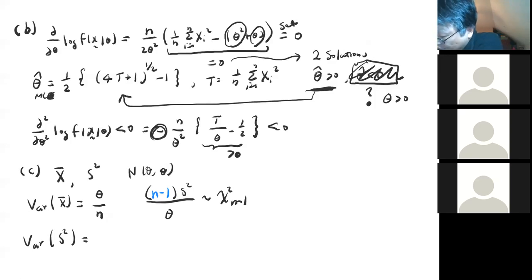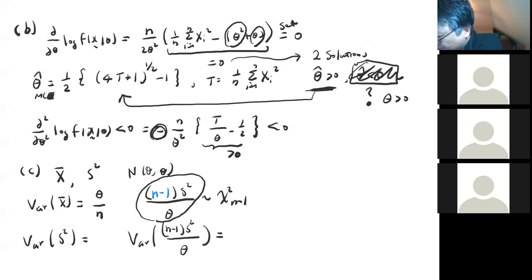Using that, you do know the variance of the whole term, n minus 1 times x squared over theta, equals what? The variance of a chi squared with n minus 1 degrees of freedom is 2 times n minus 1. By using that, that gives you the variance of x squared.